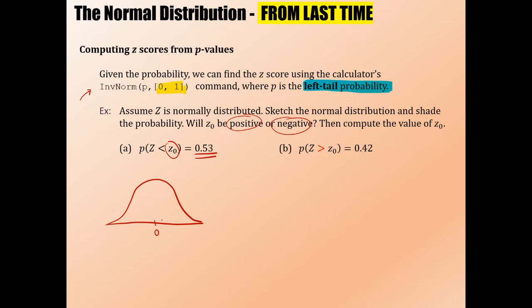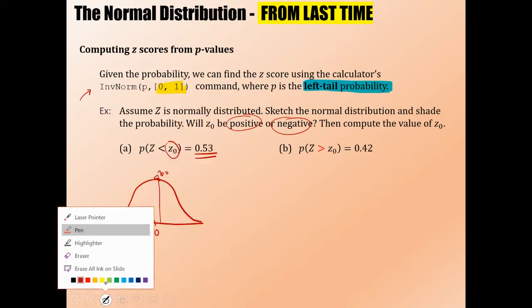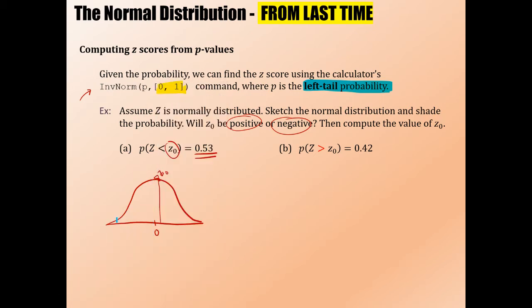It's above the mean. This would be 50%, so it's got to be a little more. And I want to figure out, well, what is this z? And remember, it's less than, so I'm going to the left there. I'm shading everything over here. And I'm finding this area. So this area in here, and I'll label it.